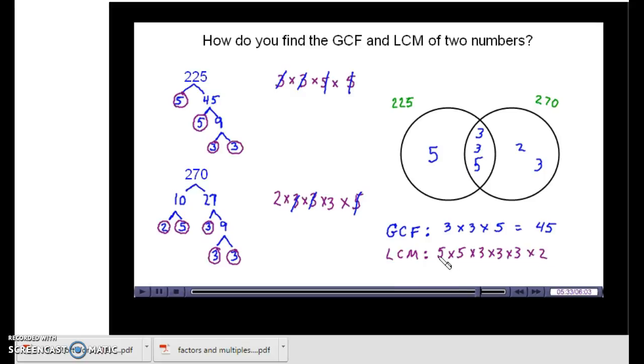And that equals: 5 times 5 is 25, times 2 is 50, 3 times 3 is 9, and 9 times 50 is 450, and 450 times 3 equals 1,350. That means that 1,350 is the smallest number that both 225 and 270 can divide into evenly.